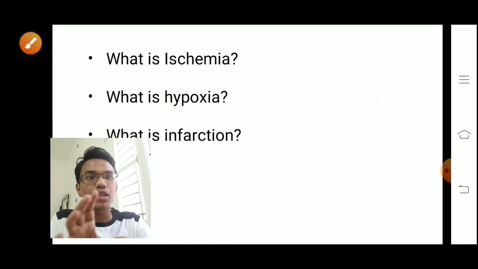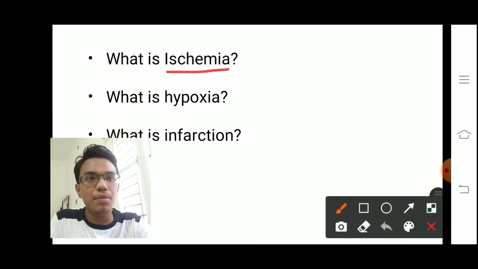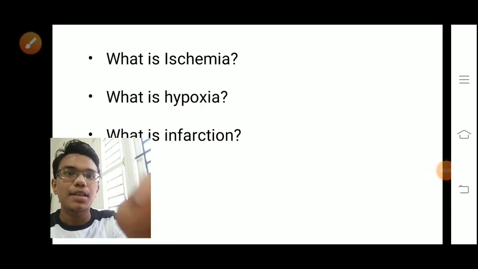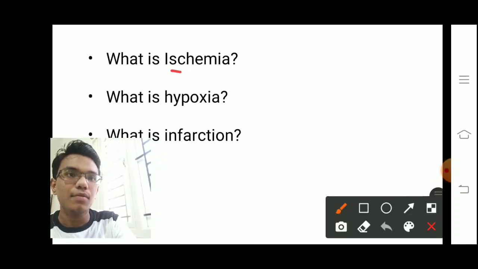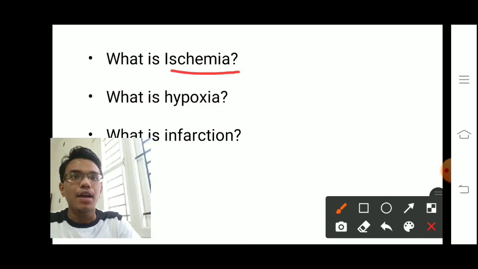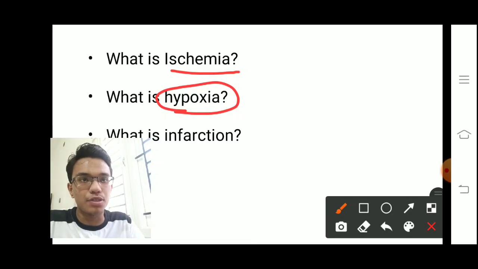Before going into the topic proper, we should have a good knowledge about what is ischemia, what is hypoxia and what is infarction. Now, what is ischemia? Ischemia means loss of blood supply to a particular organ, right? And what is hypoxia? Hypoxia means oxygen supply is reduced.